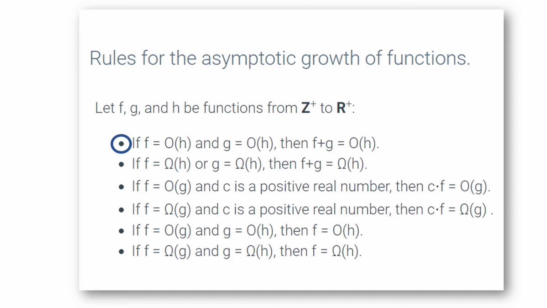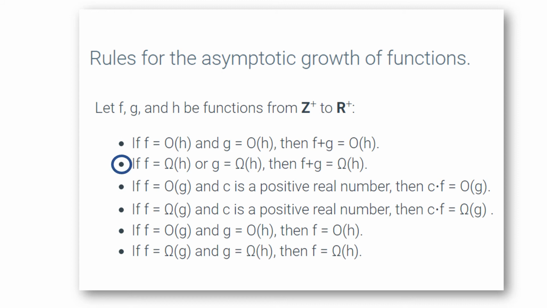If f is O of h and g is O of h, so two functions that are both O of h, then this rule tells us that if we add f and g together, it's still O of h. So if the two functions are O of the same function, then the sum of those functions will also be O of that function.